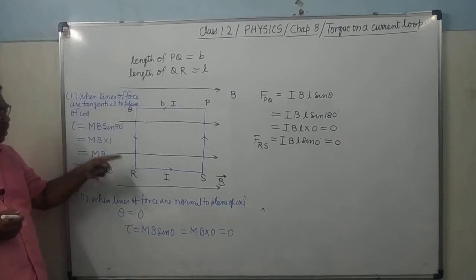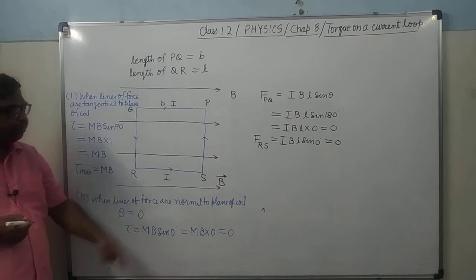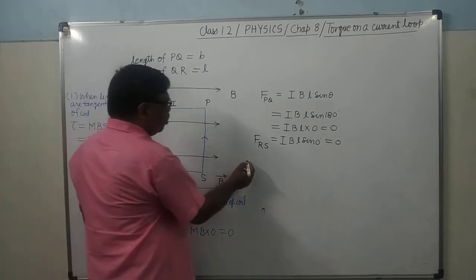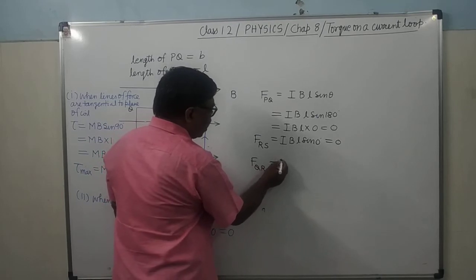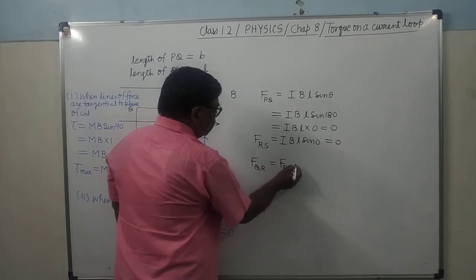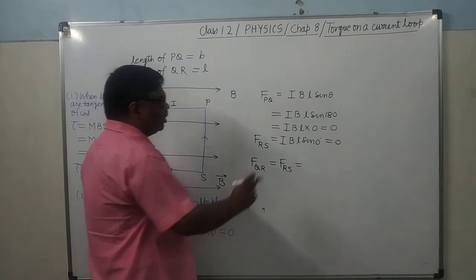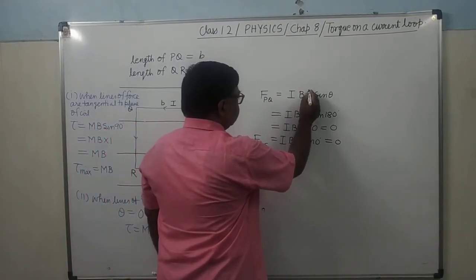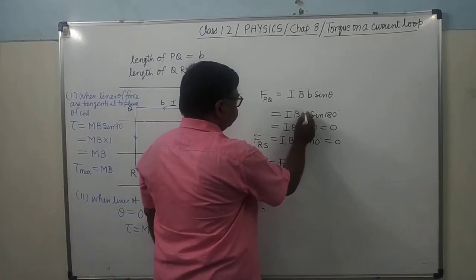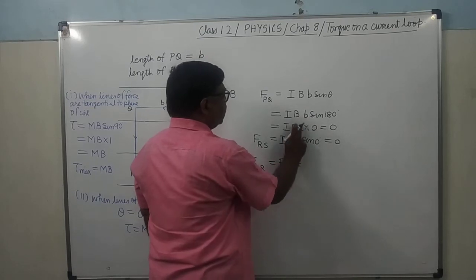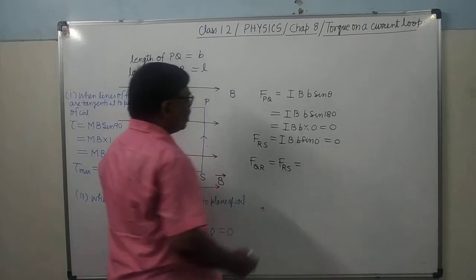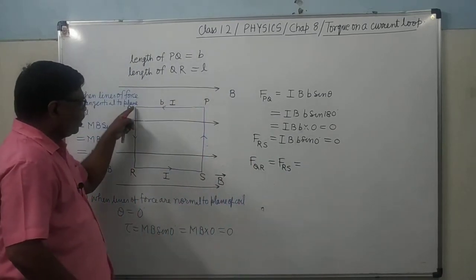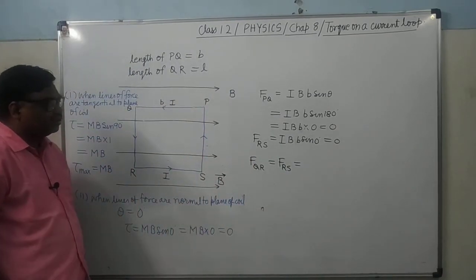Now if you see here over QR and over PS, the force will be equal. Here the length of PQ and RS we have taken as small b.